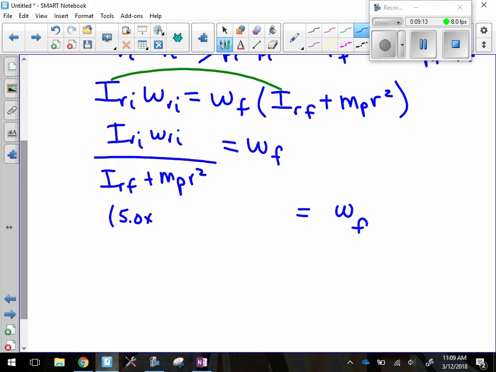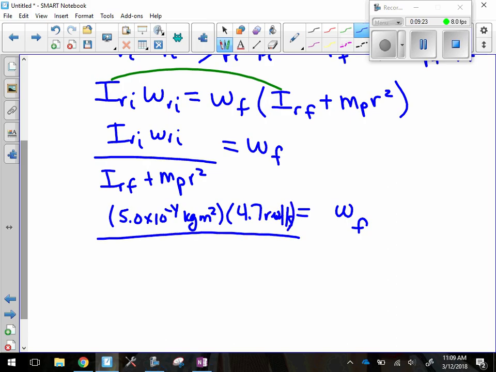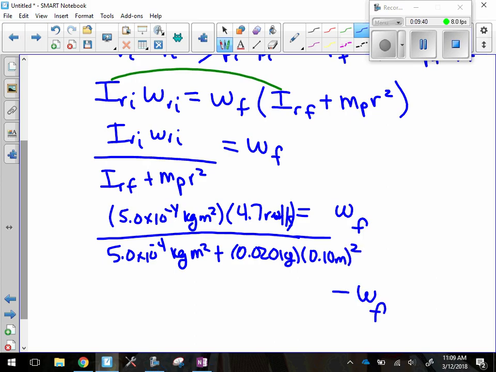So I got 5.0 times 10 to the negative 4th kilogram meters squared times 4.7 radians per second, divided by that 5.0 times 10 to the negative 4th kilogram meters squared, plus my putty, 0.020 kilograms, and the radius of my disc, 0.1 meters squared. And so what do we get for omega f?